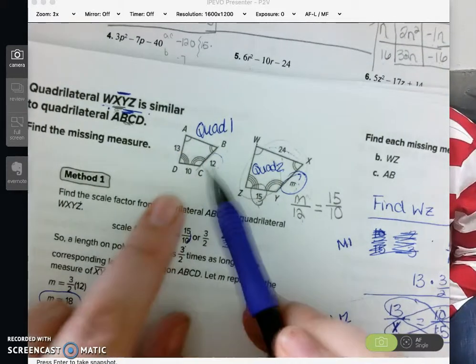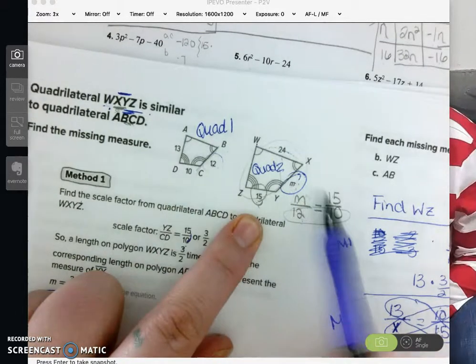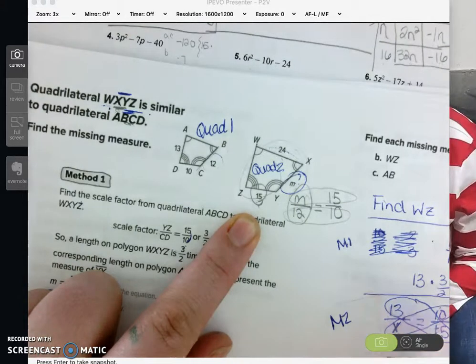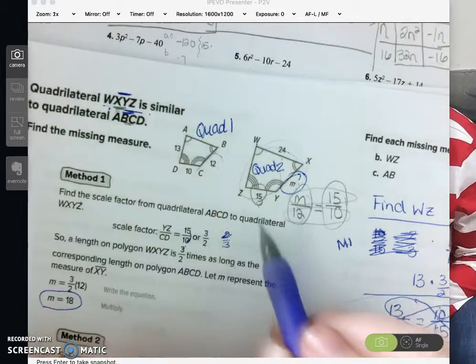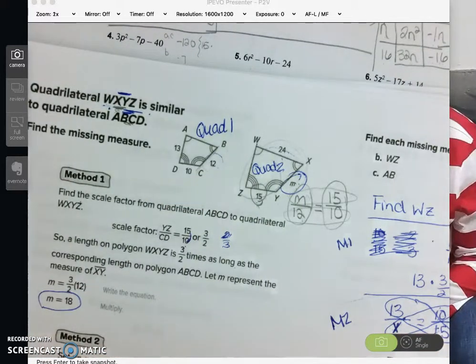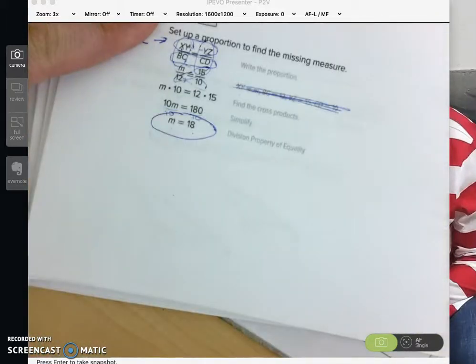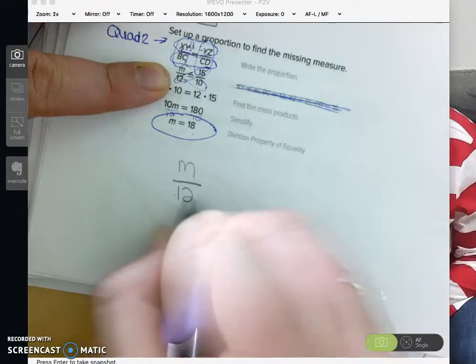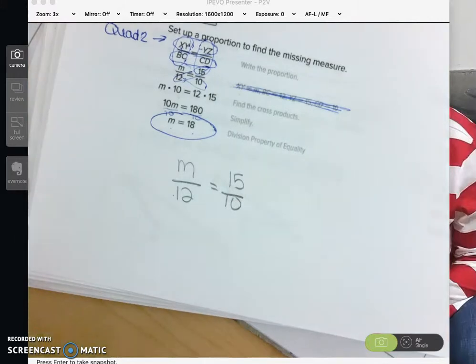Noticing that 12 and 10 is the same shape. M and 15, taken from the same shape. M and 12 are corresponding sides. 15 and 10, not M and 12, yeah. And 15 and 10, corresponding sides. Okay, to solve, I'm going to rewrite it down here. Well, not so messy. So I need to cross multiply.